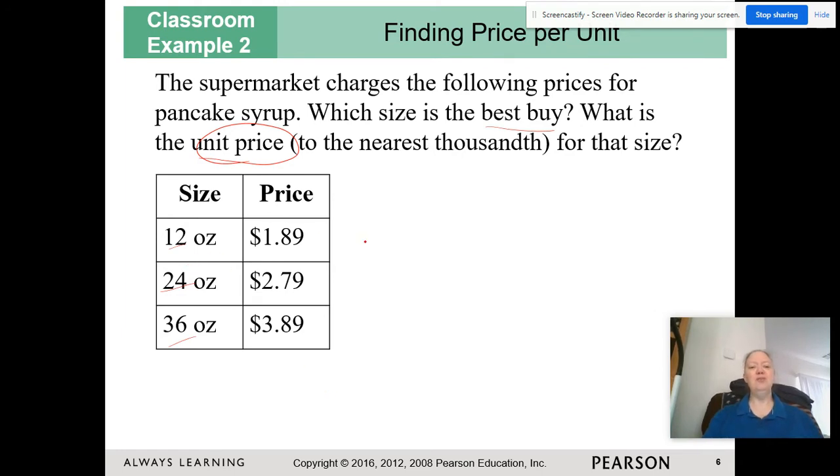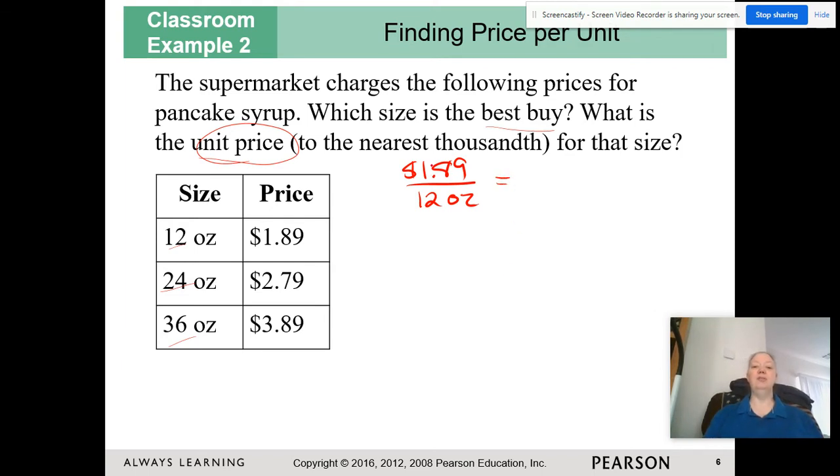So the way you do that, it's always the price per pound or the price per ounce or the price per whatever. So per means divide. So we're going to take the price per our ounces. And here we are going to use a decimal.